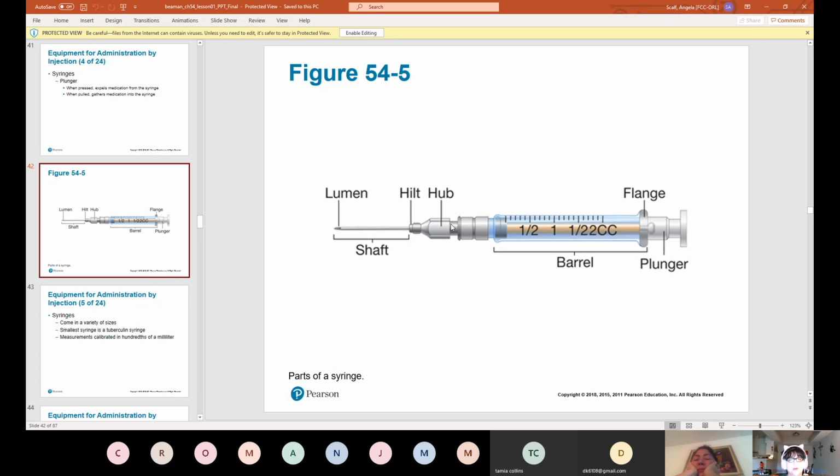Most of them, though, you will pick an appropriate needle and attach it at the hub to the syringe, okay? Pre-filled medications are usually everything combined with the medication already inside, all right? The barrel, the flange, and then the plunger, how we pull up and administer. And I'm going to post these pictures, okay?